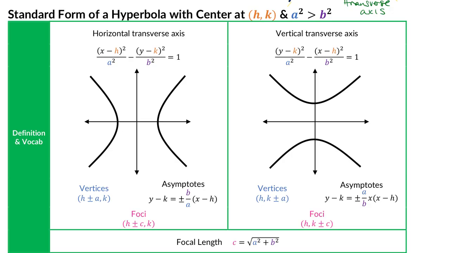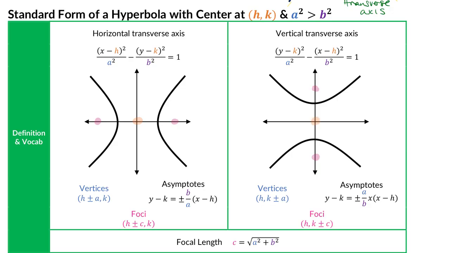So let's color code some of these things so we have a good idea again of where everything went. We have the foci that are going to be inside the branches for either the horizontal or vertical transverse axis. We will have the center, that's in the center. For both of these, that's the origin.